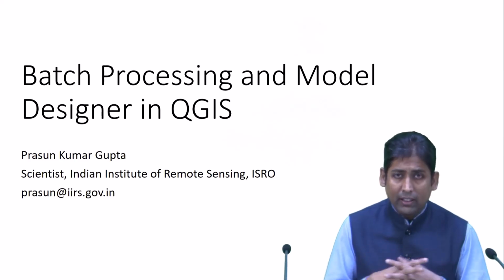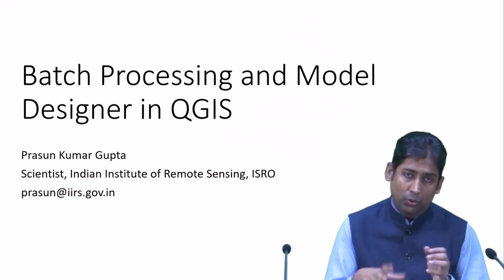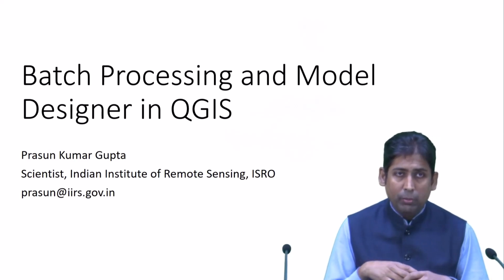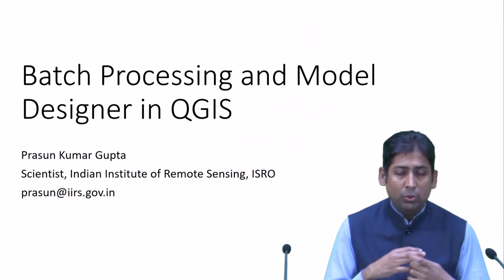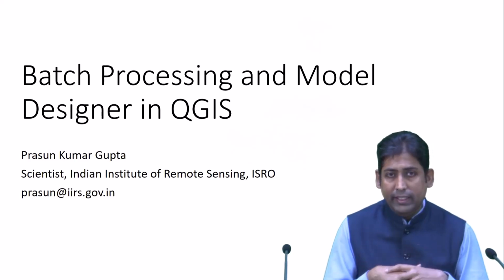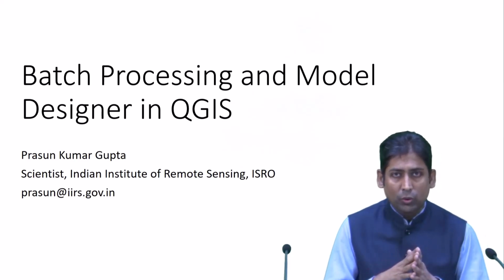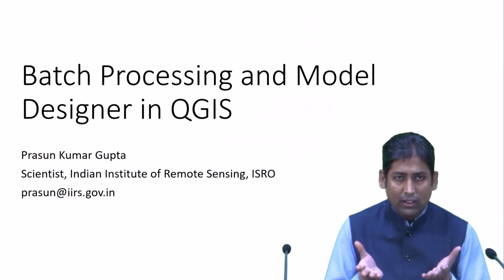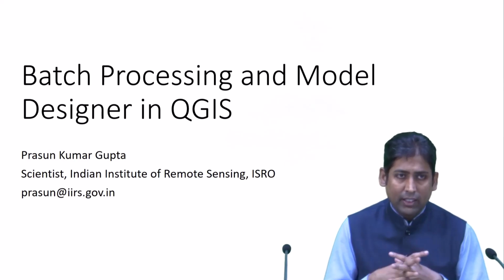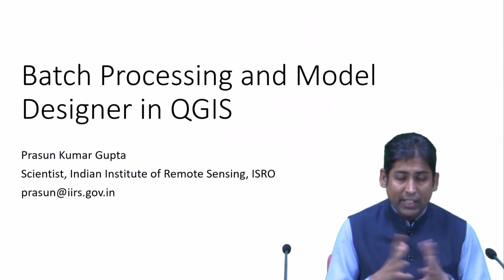On the other hand, the modeler in QGIS helps us make a workflow. A workflow could be, let's say you have to delineate the watershed boundary. So you get a digital elevation model. You first fill the sinks, that is, you get a depression-less DEM.